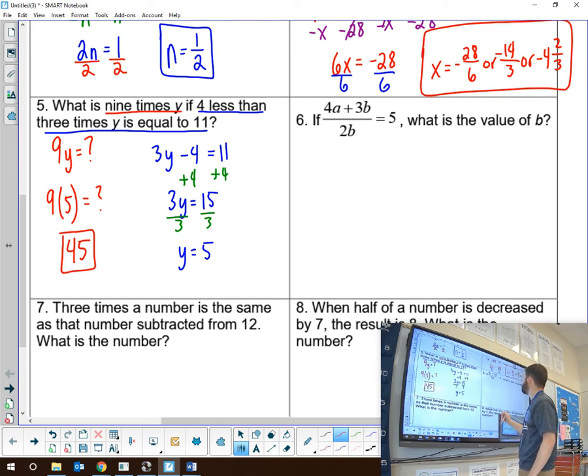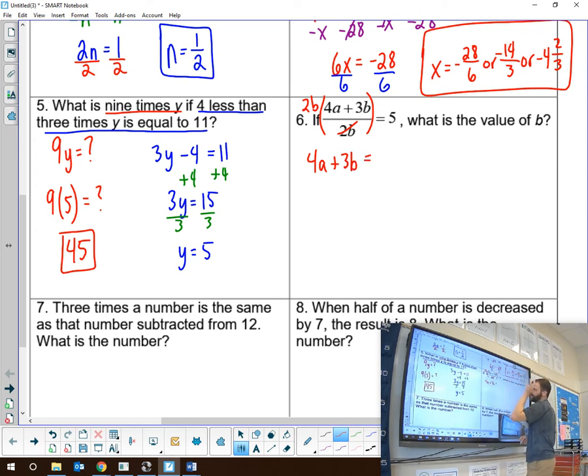So once again, to get rid of whatever's on the denominator, we need to multiply by that denominator. So I'm going to multiply this whole side by 2b. And since this whole side is being divided by 2b, whenever I multiply by 2b, it's going to cancel out that bottom, and I'm just going to have 4a plus 3b on this side.